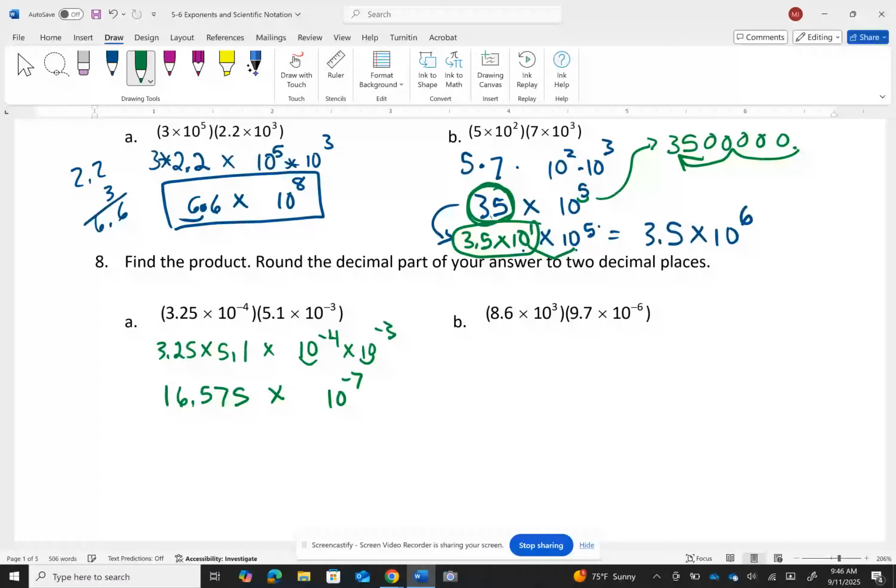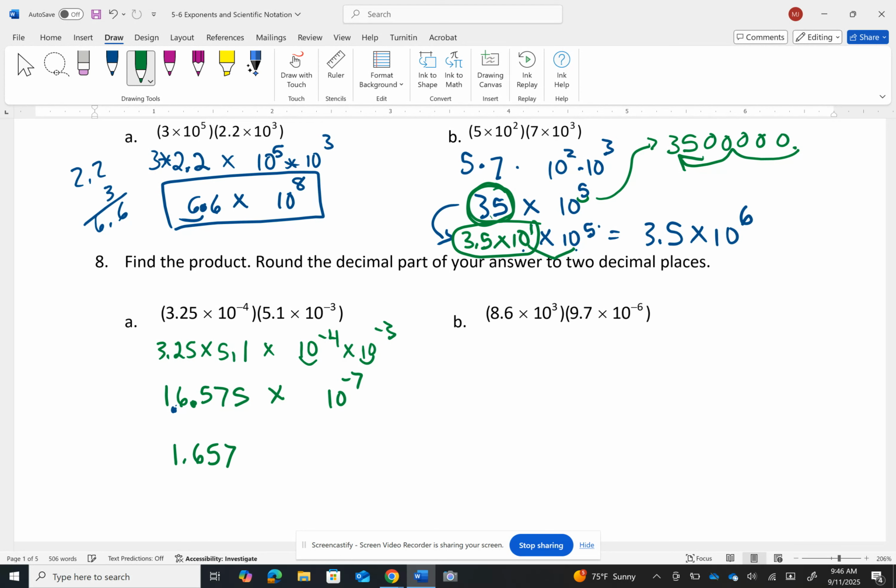All right, now 16.575, that is not a number that's between 1 and 10. So I've got that situation again. I need the decimal to be here instead. So I need to make that number smaller. I need to divide.